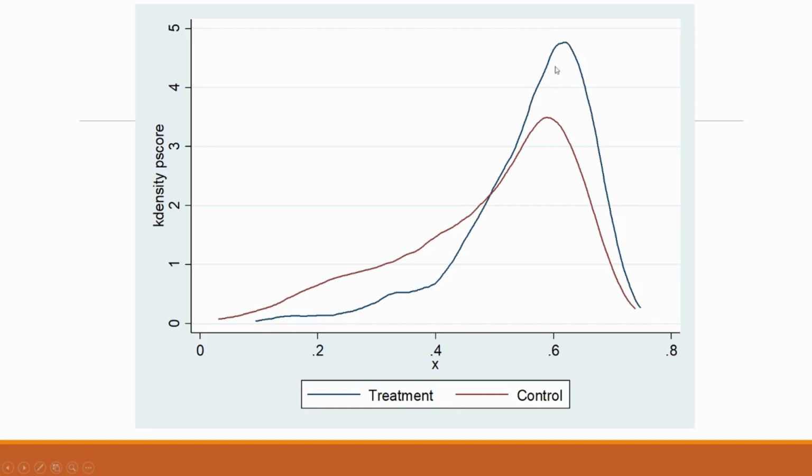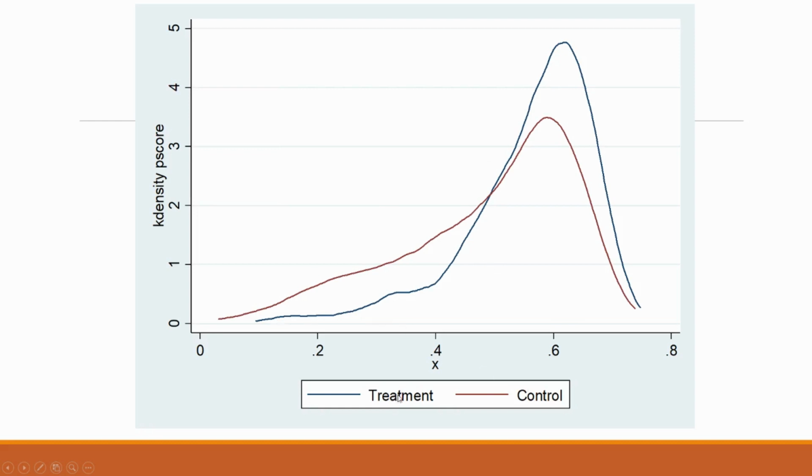These empirical distributions of the propensity score are computed using the kernel density function. You can look at lecture number 1 and lecture number 2 to get a review of this. Okay, so this would be an example of very strong common support.